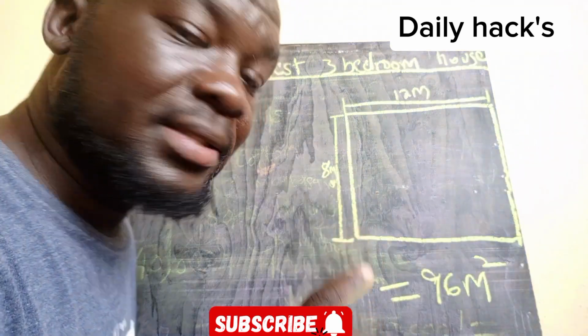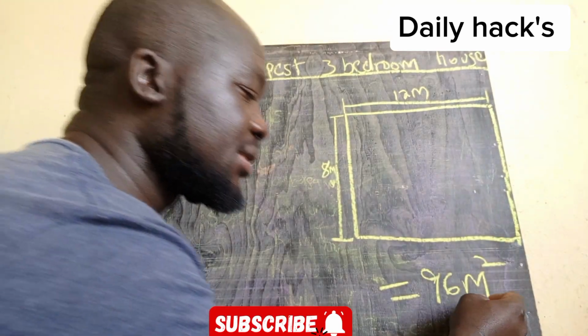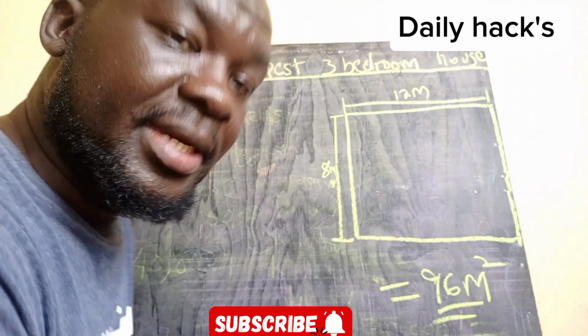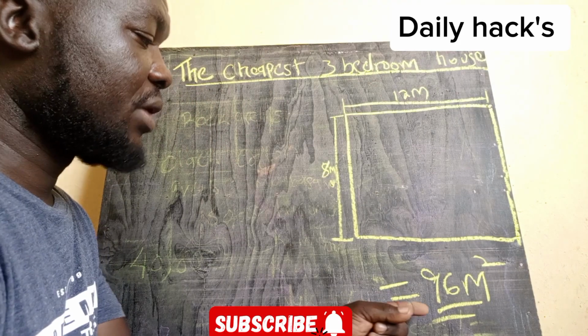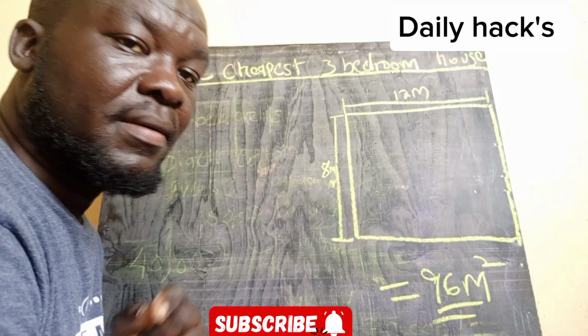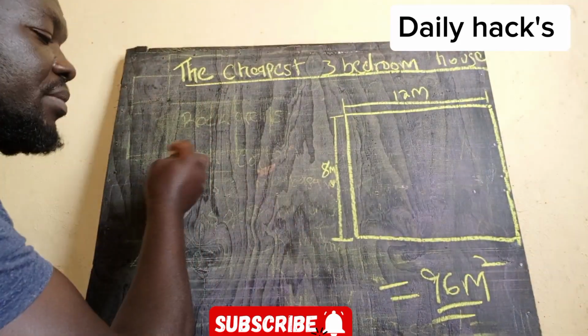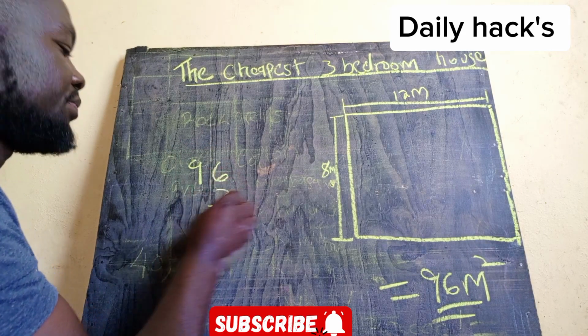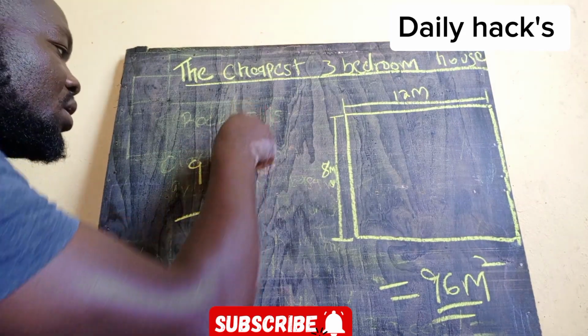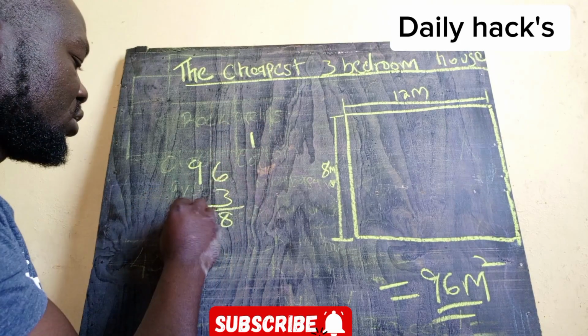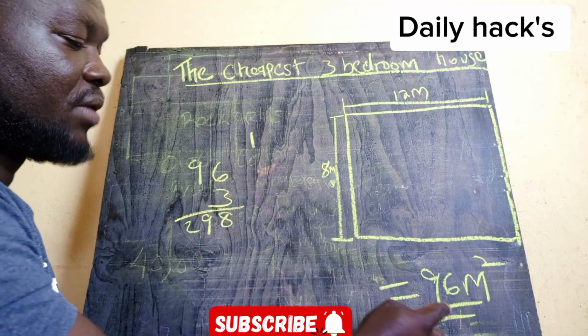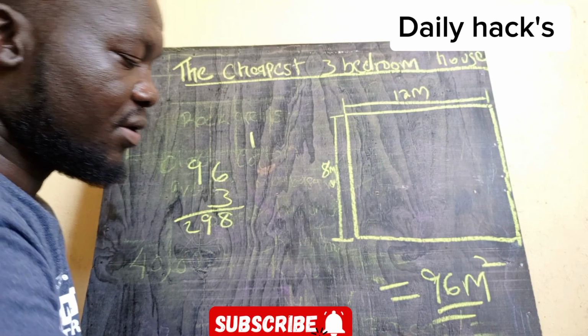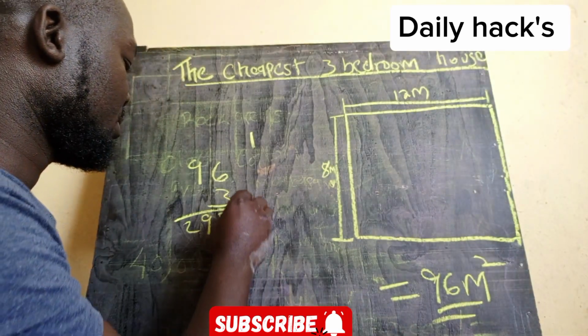So in this case, our house is 96 meters square. So when you calculate by 30,000 per meter square, that will be 96 by 3, actually 2,88... Then you add up the 4 zeros.